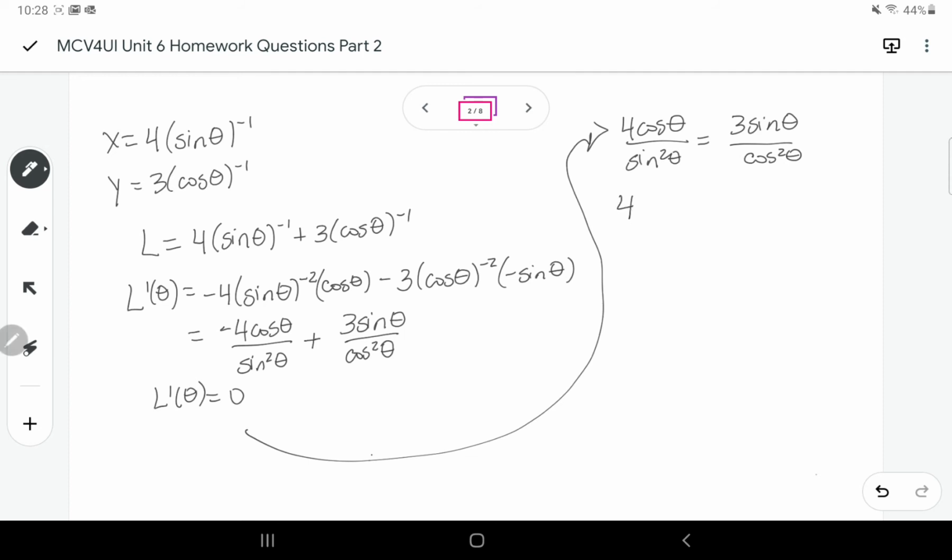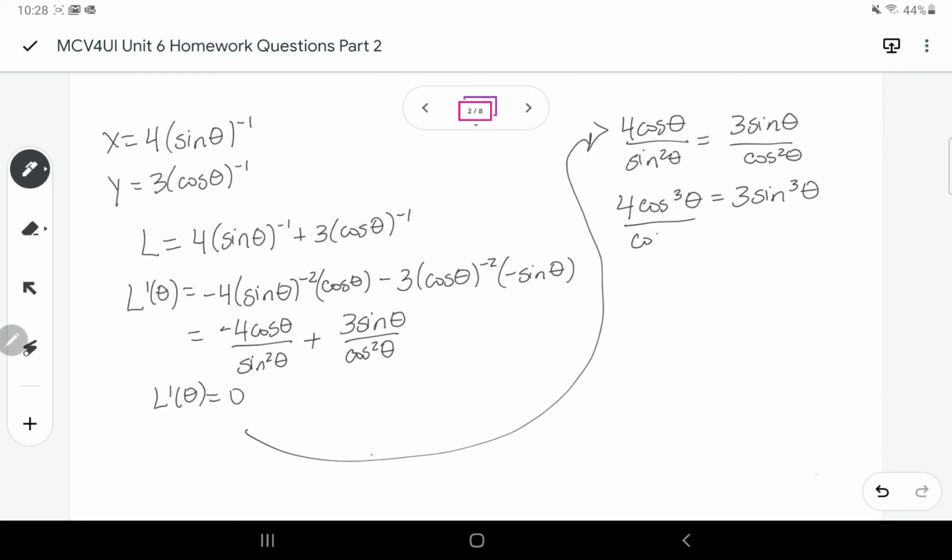So here I get 4 cos cubed theta equals 3 sine cubed theta. And there's different ways to solve when you have a relationship between sine and cos, but I think the easiest in a lot of cases would be to divide out the cos and make it a tan, because we've got cos cubed and sine cubed, and we don't have identities for that.